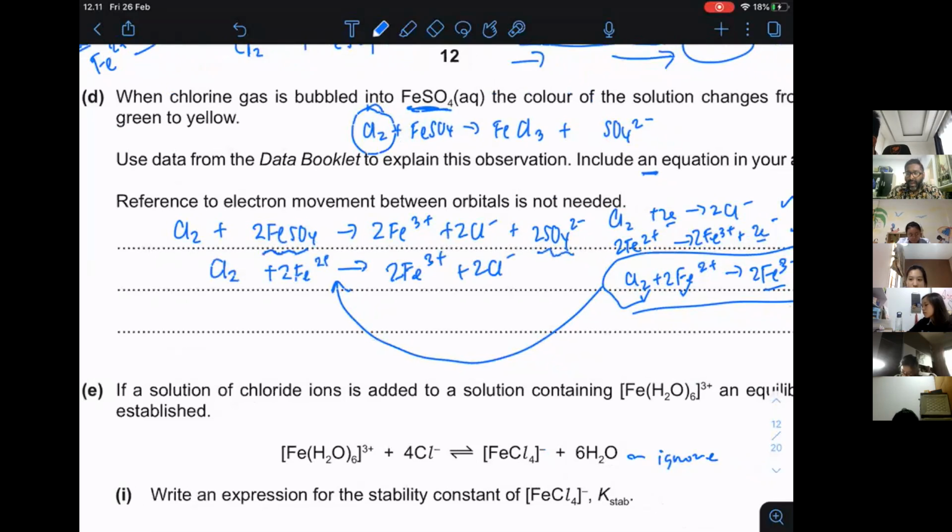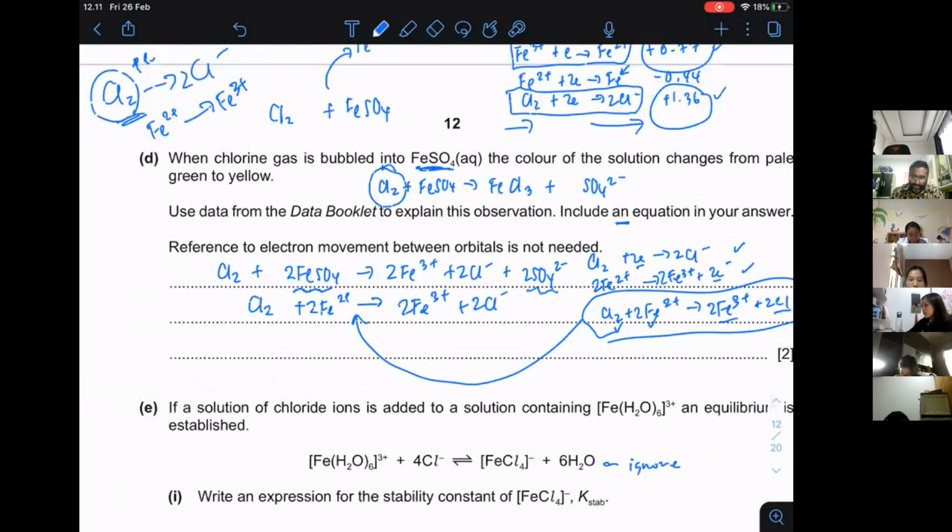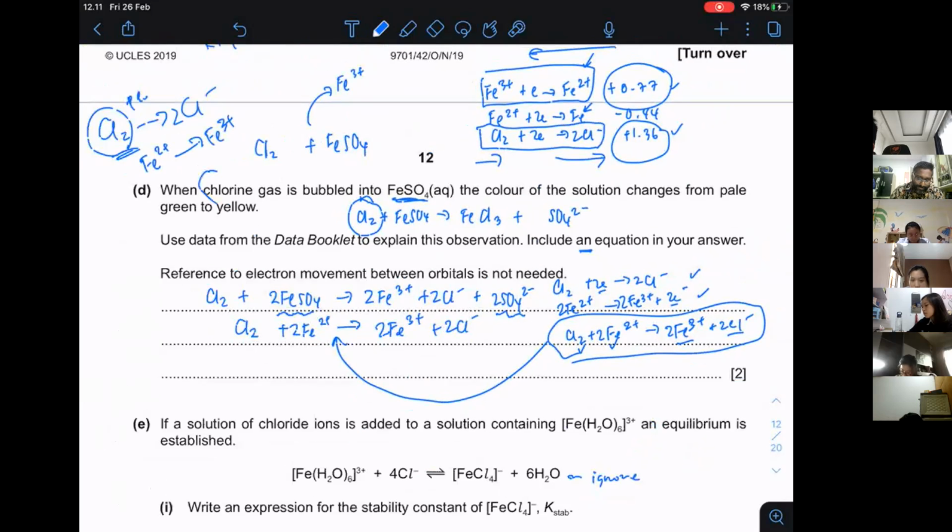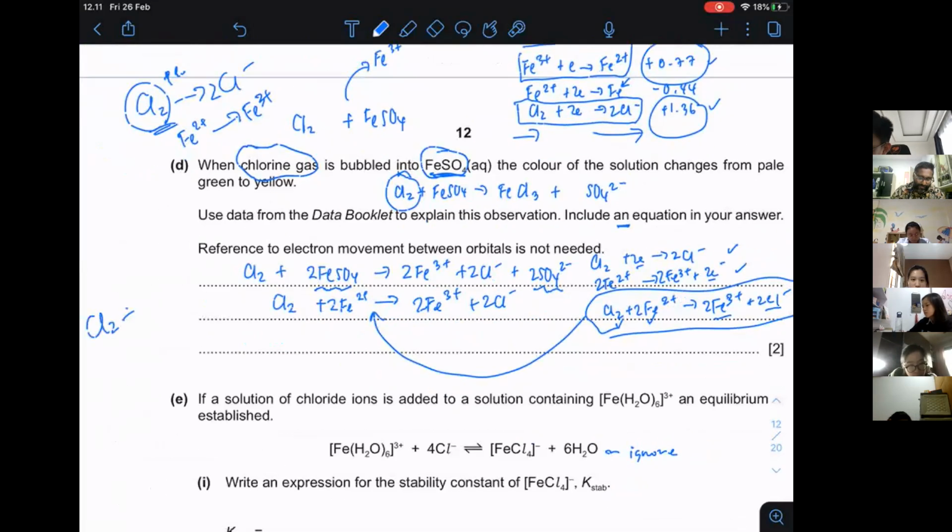So how to know whether it is Fe2 plus, Fe3 plus, or Fe2 plus for the equation? This one is quite simple. You see, Cl2 is reacting with FeSO4. Sulfate is 2 minus. So I know Cl2 is reacting with Fe2 plus. I know that there is a color change, which means there is a reaction. So if there is a reaction, I know maybe it will change into Fe3 plus, or it will change into Fe alone.